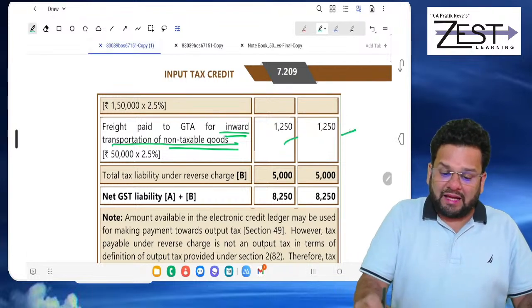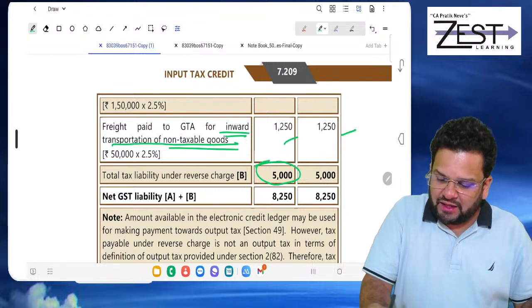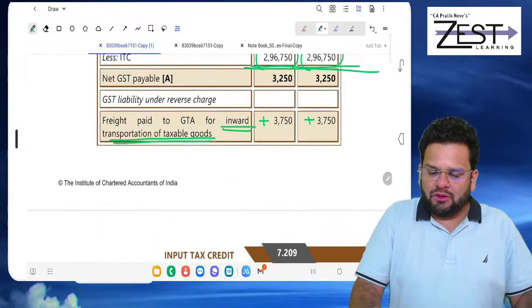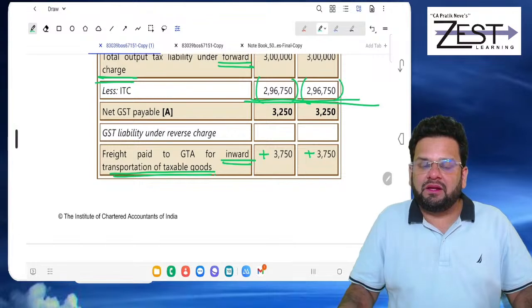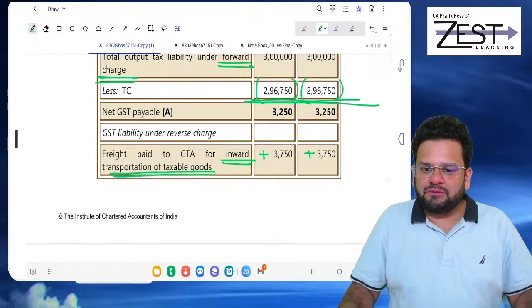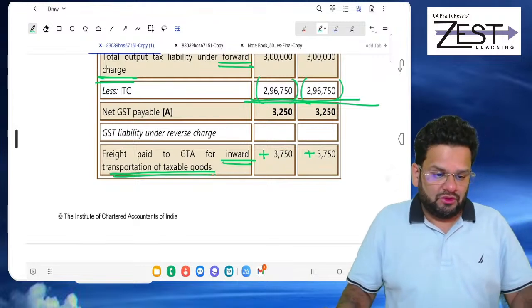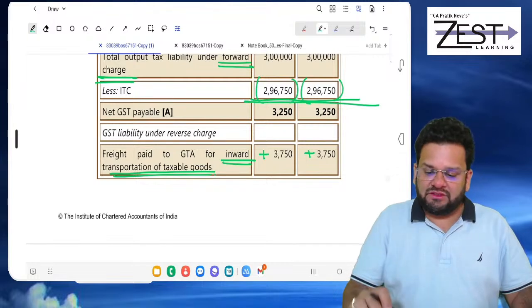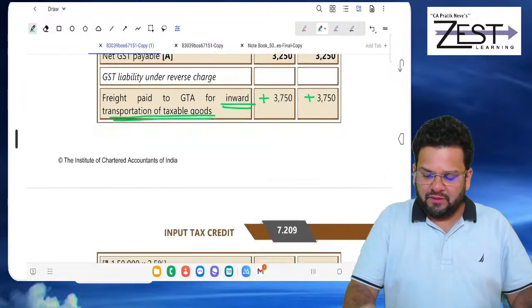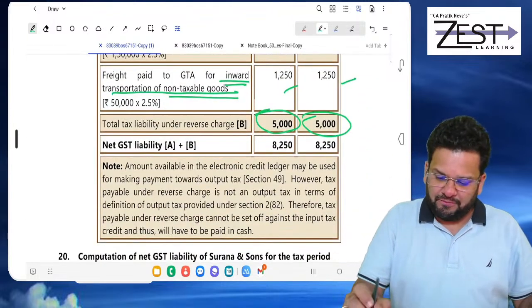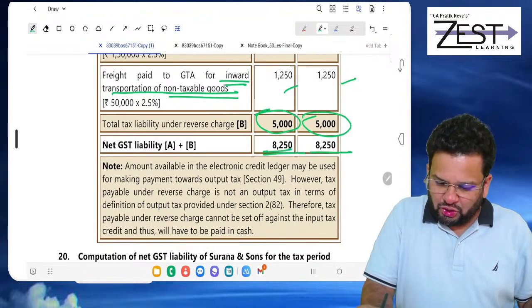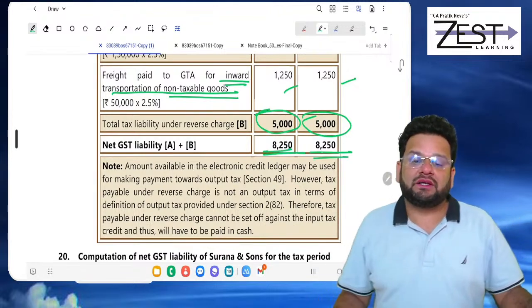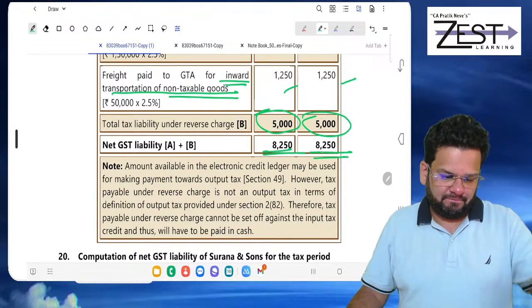So you will get tax liability under RCM as 5,000 and your net GST payable, output tax minus input tax credit, is already 3250. So take on your calci, 3250 plus 5,000, 8250 will be net GST liability.